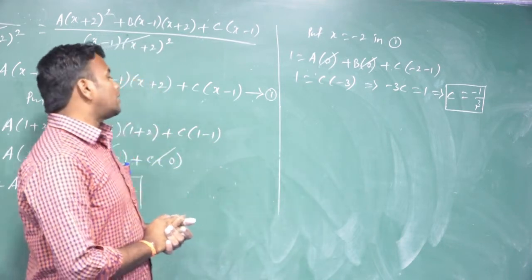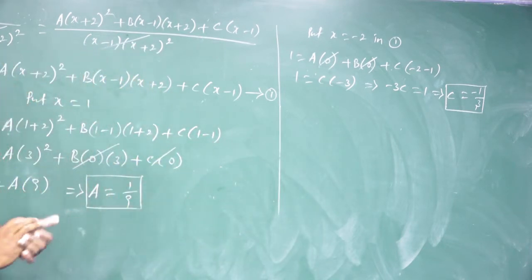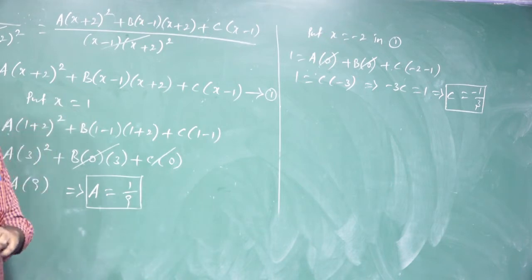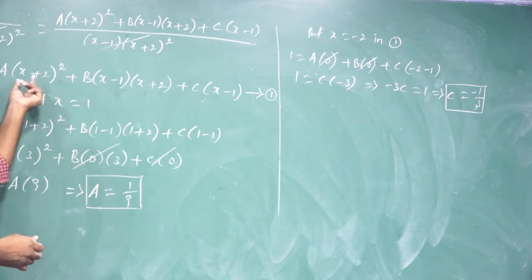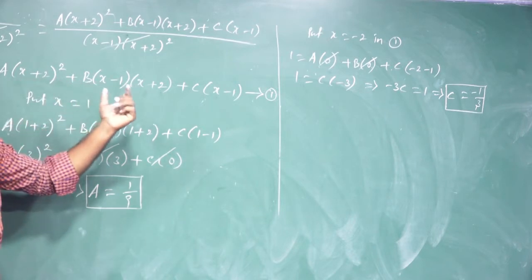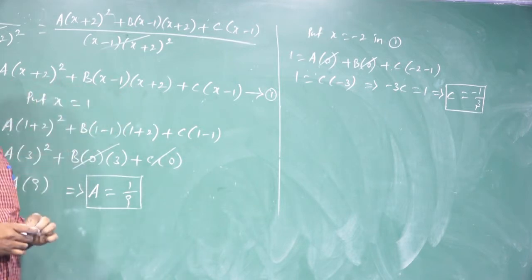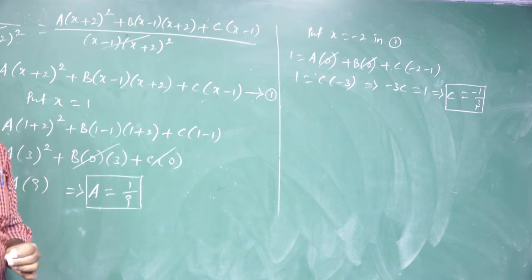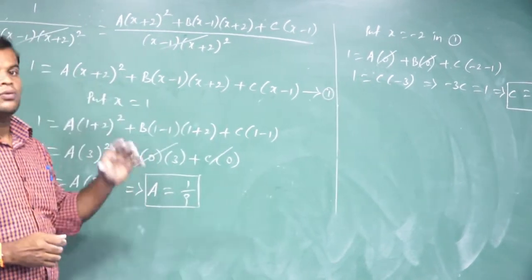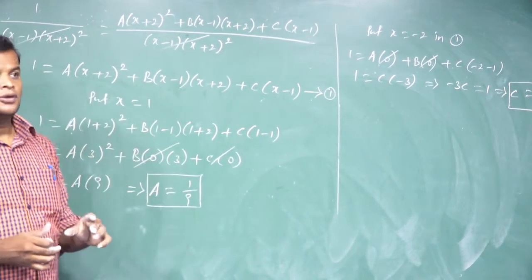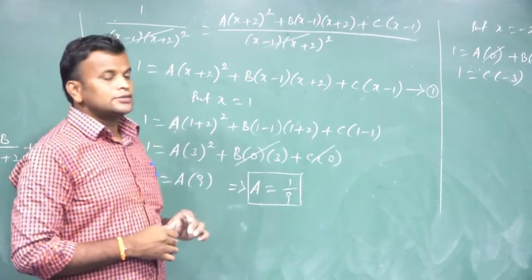Next, to find the other constant b. So a and c are over. Next, to find the constant b, using both the factors x plus 2 and x minus 1. So how to find the other constant b? It is our choice. We can put any value of x, it may be 0, 1, 2, 3, any value, but b should not vanish.